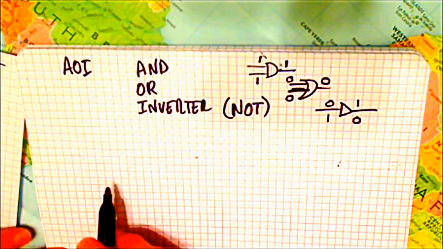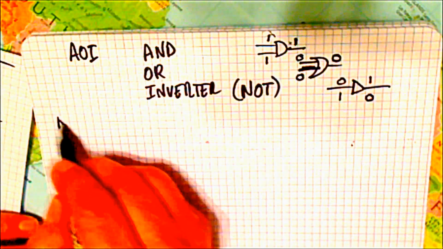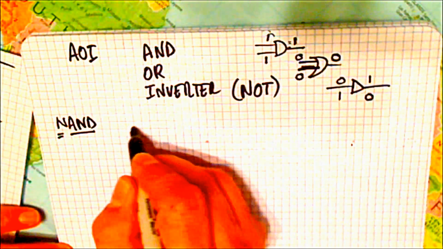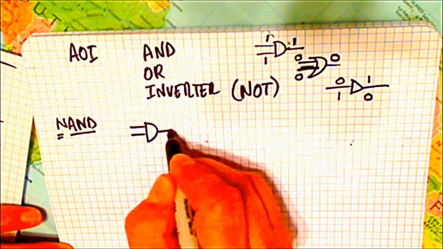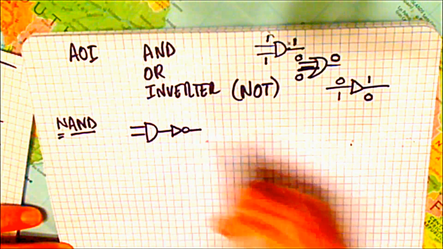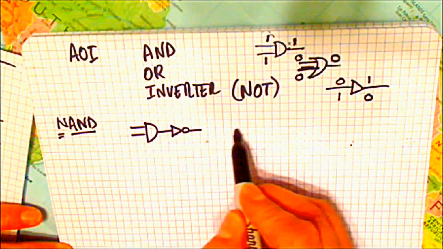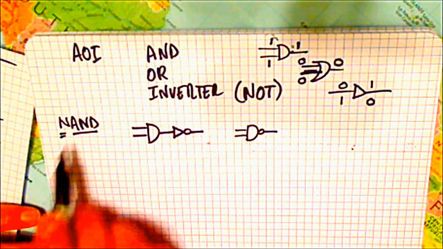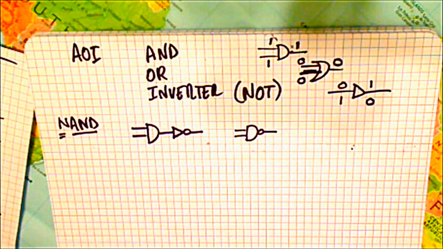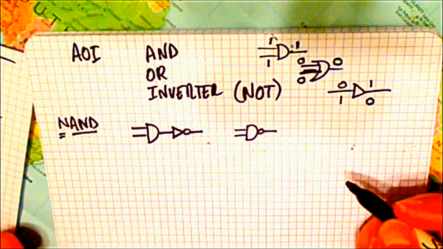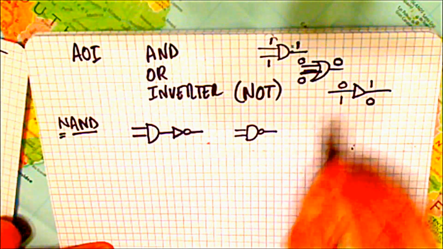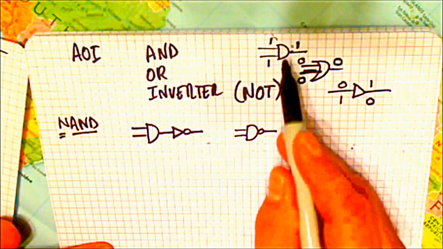Having said that, now we're going to quickly look at the NAND gate, which, as its name implies, is an AND gate coupled with an inverter. And we use the shortcut of this to symbolize the NAND gate. So these two are equivalent. The NAND gate's truth table is exactly the opposite of the AND gate.